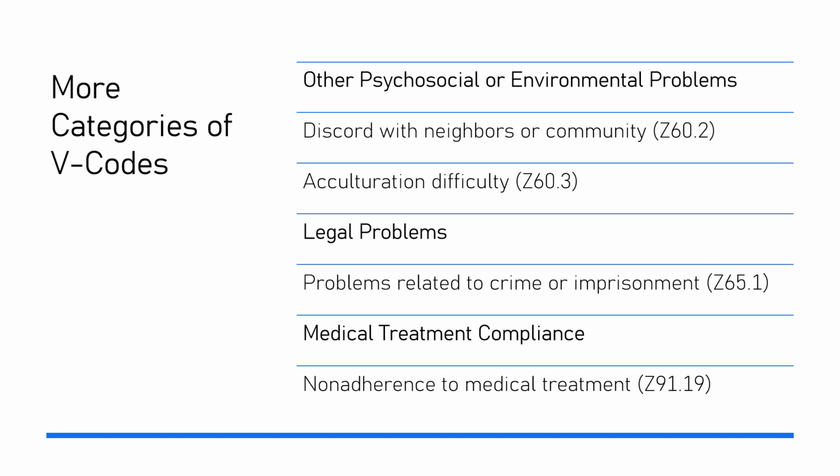Other psychosocial environmental problems: discord with neighbors or community, acculturation difficulty, legal problems, problems related to crime or imprisonment, and medical treatment compliance, non-adherence to medical treatment. Again, these will go under the DSM-5 mental health disorder code and title, and then you'll have these V codes that follow under it that help create more of a clinical picture.